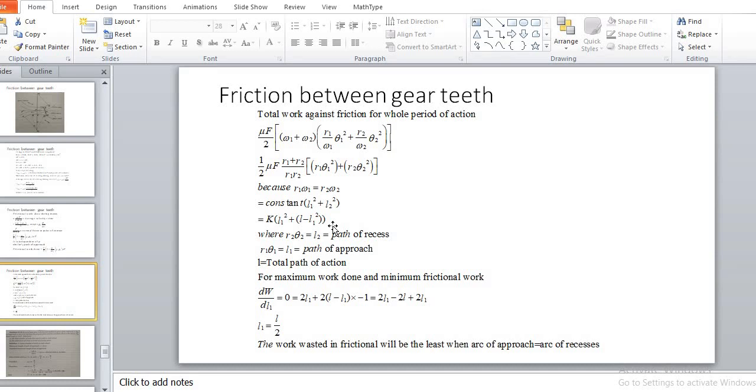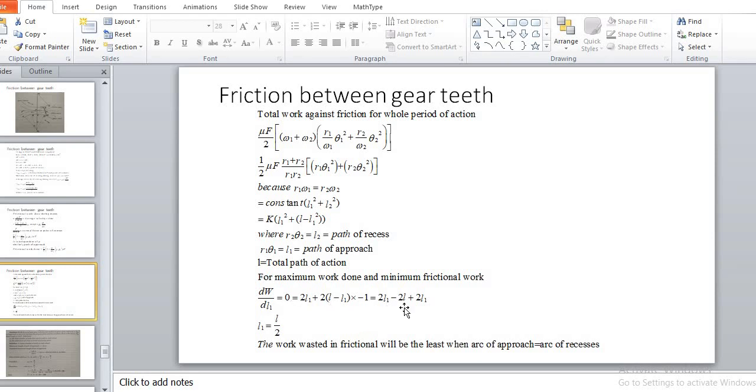To find the maximum work done, we differentiate this term with respect to L1 and equate it to 0.